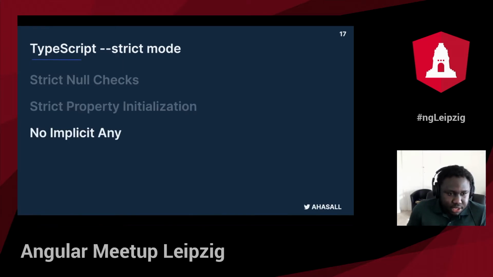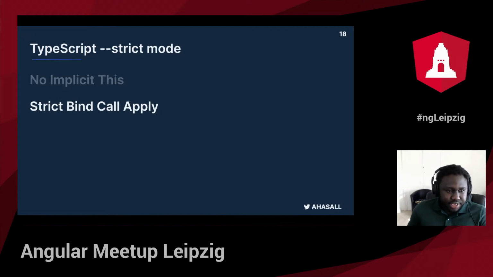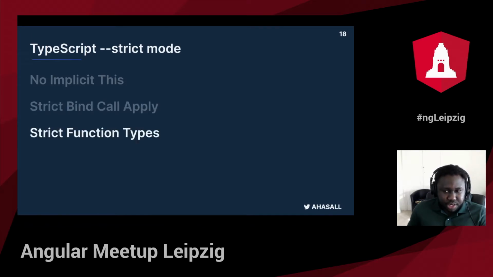And the other one is no implicit any. And I believe that these three, strict null checks, strict property initialization, and no implicit any, are the most important things that will impact you as an Angular developer. But there are also some other things like no implicit this, strict bind call apply, strict function types, always strict, and so on and so forth.